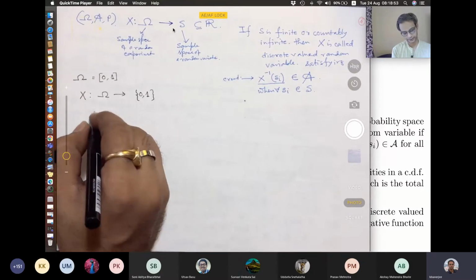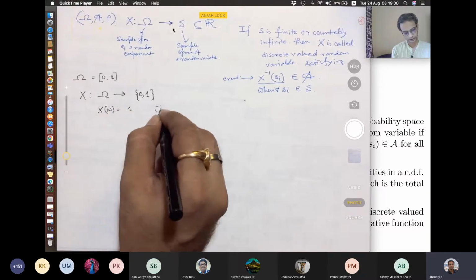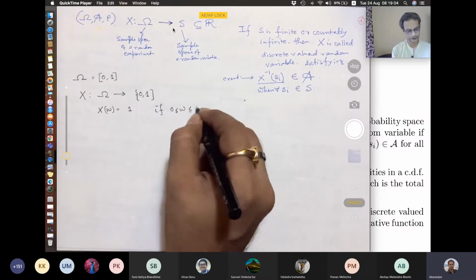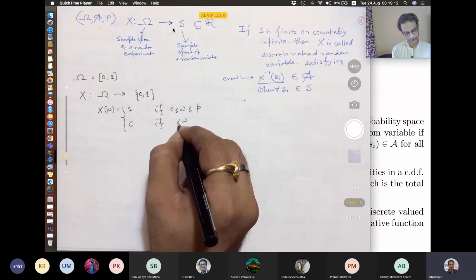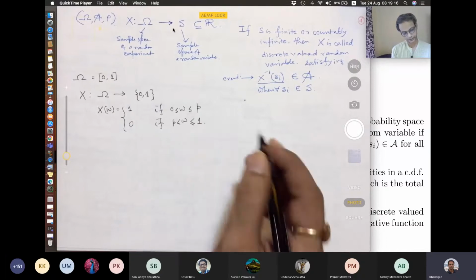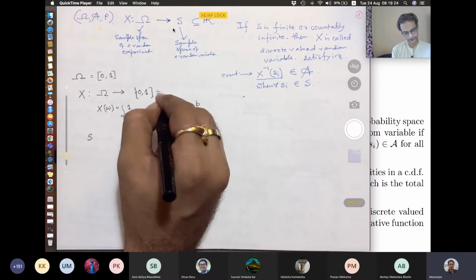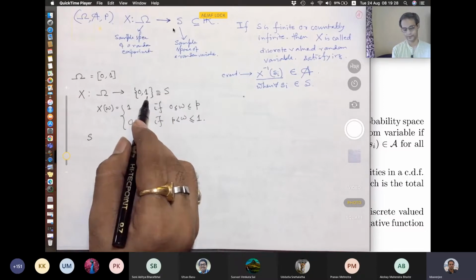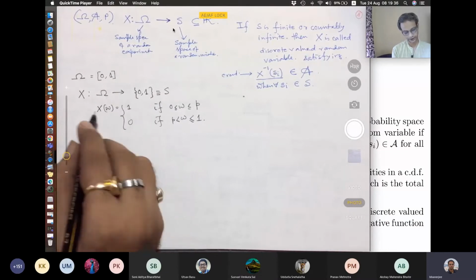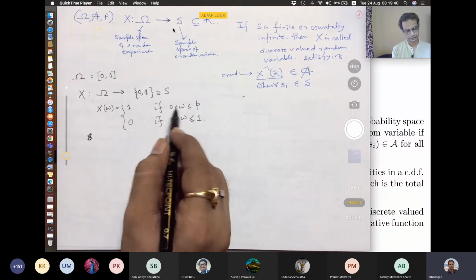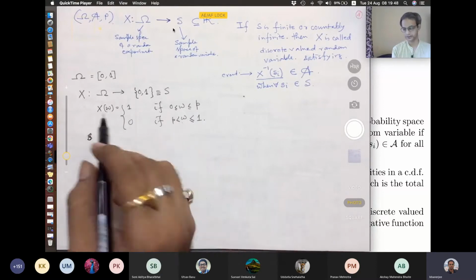X of omega equals 1 if omega is greater than or equal to 0 and less than or equal to p, and it is 0 if omega is greater than p and less than or equal to 1. So S has only two values, and X inverse of 1 is 0 to p, X inverse of 0 is p to 1. So quite simply, X is a discrete valued random variable.